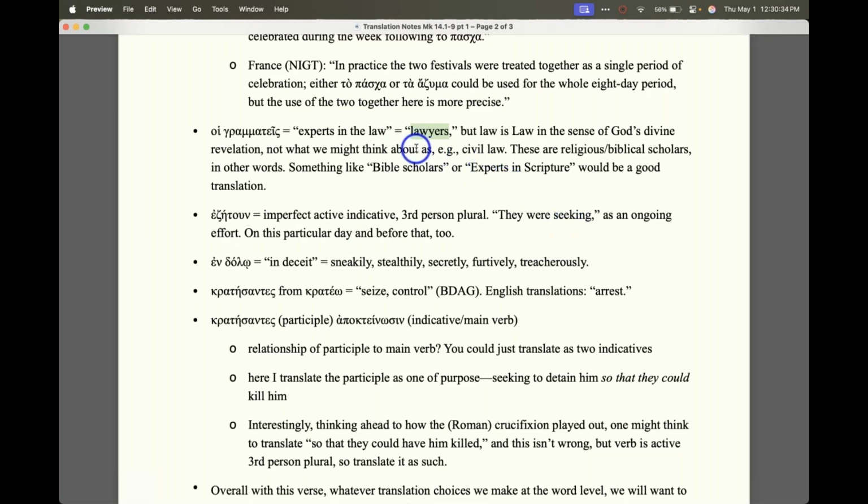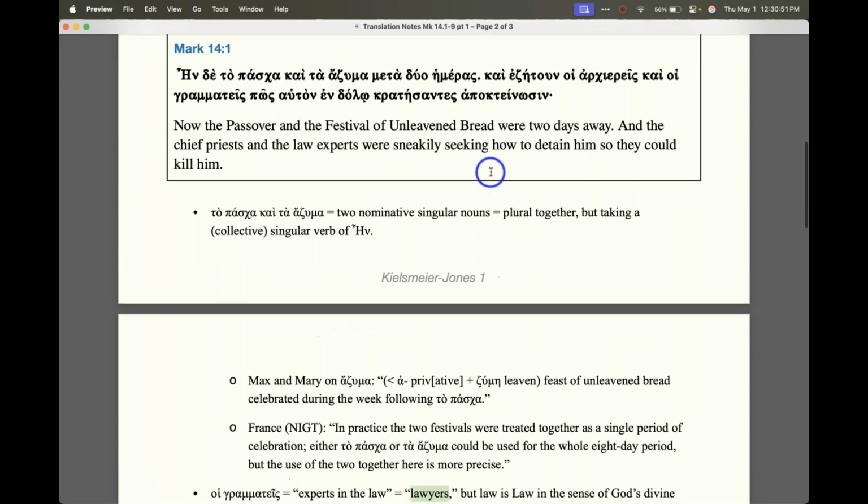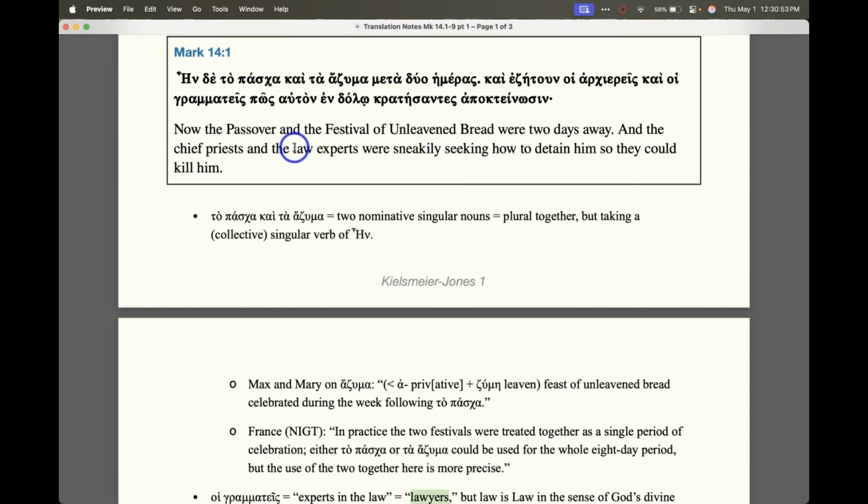But the difference here is that how we might think about law, like civil law or criminal law, that's not the same. If we say experts in the law, that's not the same kind of law. So I think Bible scholars, experts in scripture is good. I just kept it as law experts here. So that's one way to do it.